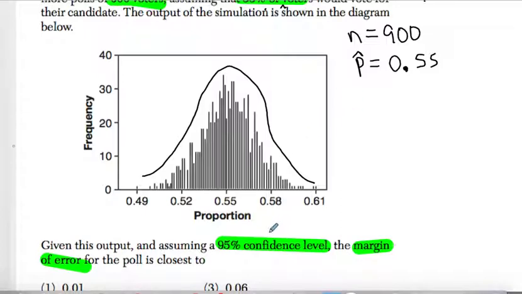So a 95% confidence interval in a normal distribution is 2 standard deviations. Unfortunately, they did not give us a standard deviation because that would make it very easy. But the standard deviation, when you're dealing with a sample proportion and a population proportion, is simply going to be the population proportion used in the survey, which was 0.55. We're going to take the square root of everything.